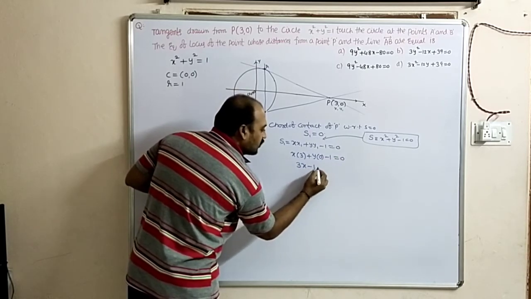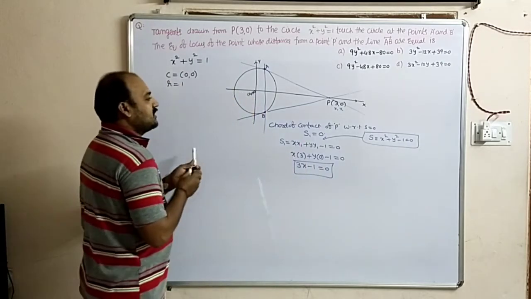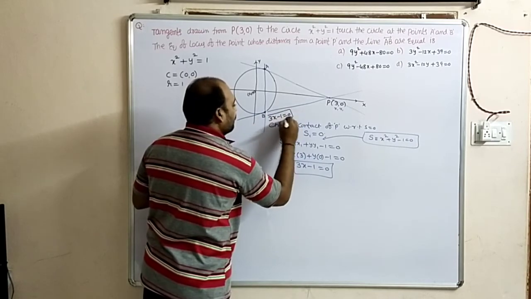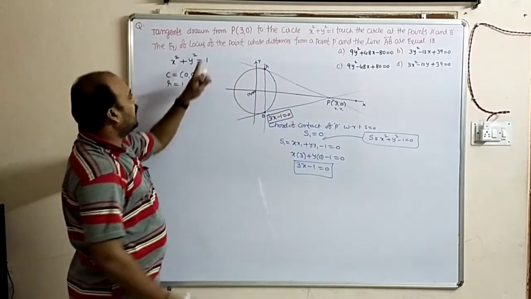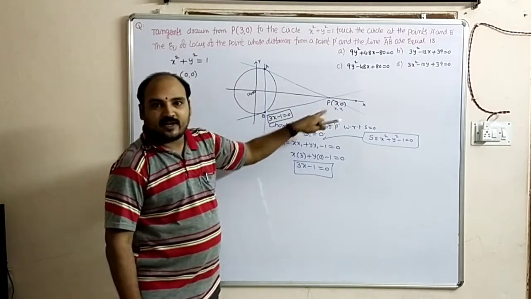Therefore 3x minus 1 equal to 0. This is the chord of contact. We got the equation of AB, and P is already there.